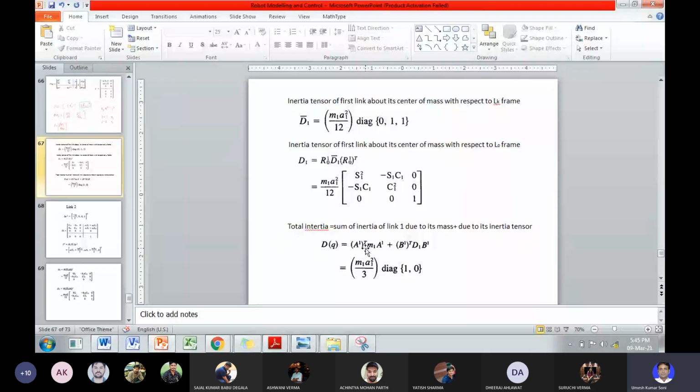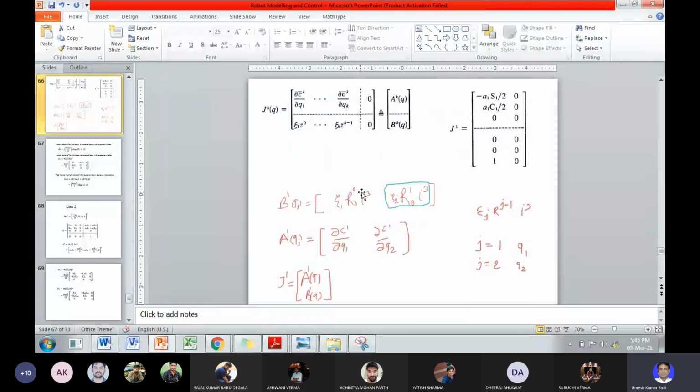Here you have the values of A1, here you have the values of B1. Simply by looking at this equation you can see this is A1 and this is B1. Okay, so this is a 3 by 2 order matrix A1, and this is a 3 by 2 order matrix B1.